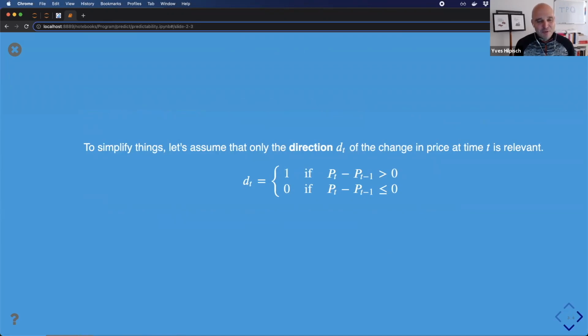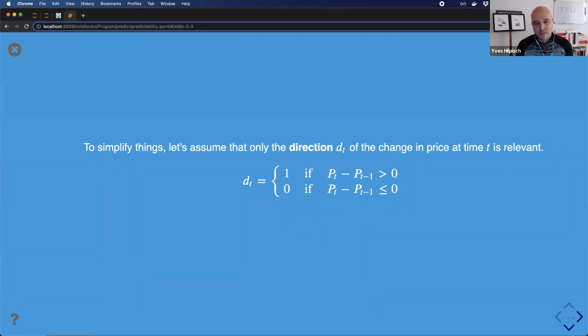So to simplify things, however, I'm not primarily interested in the absolute price, but rather in the price change. So now already taking a bit of a machine learning approach, we can define binary features and/or labels in this context. We say when we have a positive change, dt at this point in time is 1, and when we have a negative change, we put it to 0.